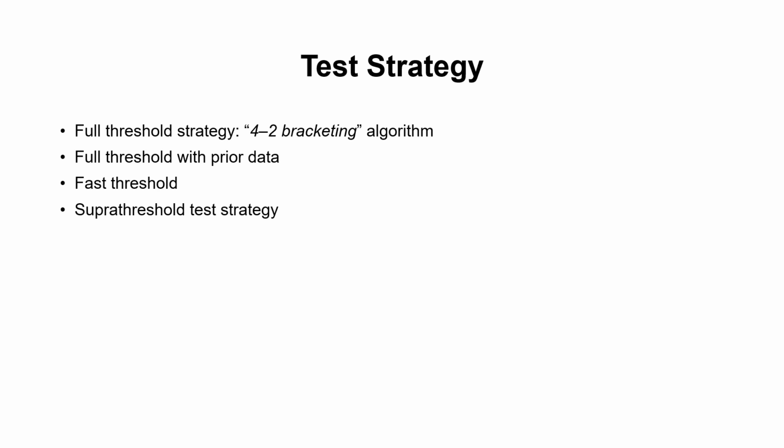Also, we have a related strategy called full threshold with prior data, which, as the title says, uses prior visual field data, so it's faster and presents each point 2 decibels higher than the patient's previous threshold value and tests each point in 2 decibel decrements. And we also have the fast threshold.